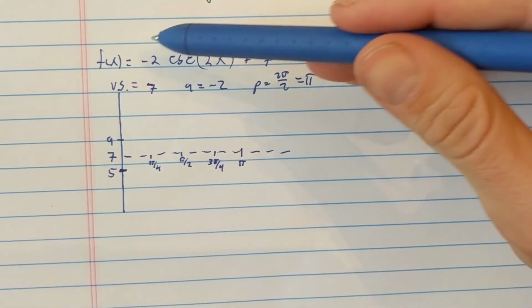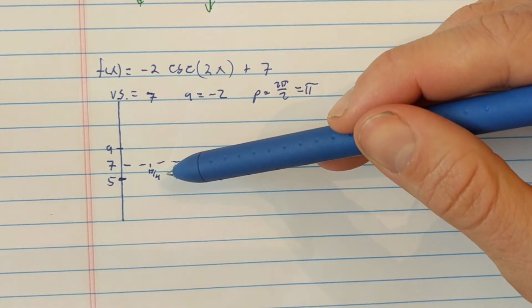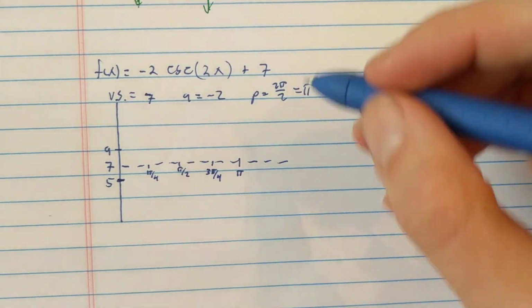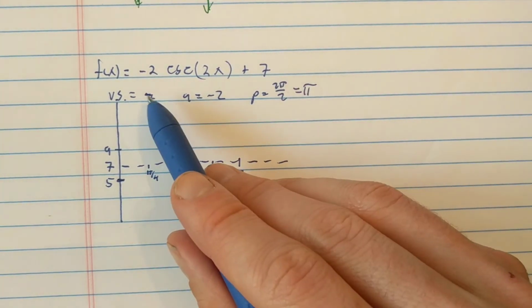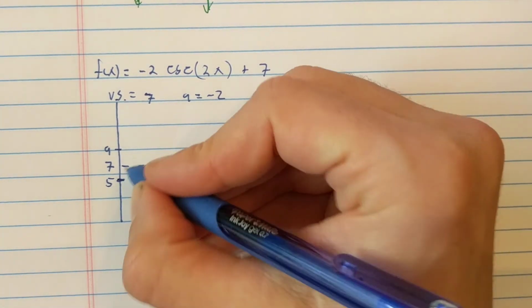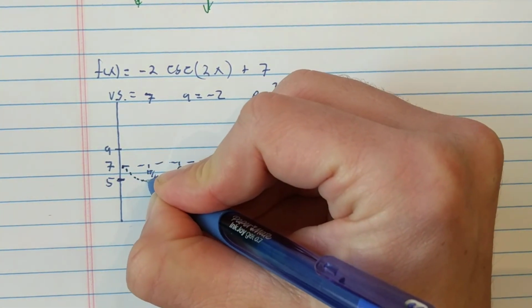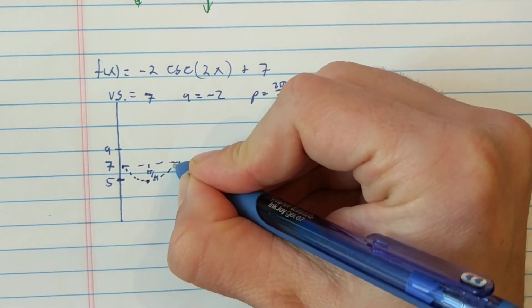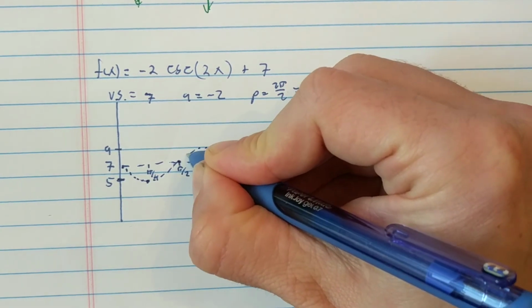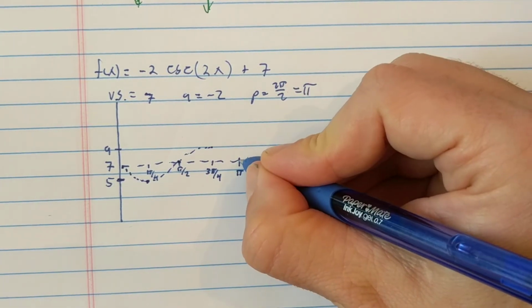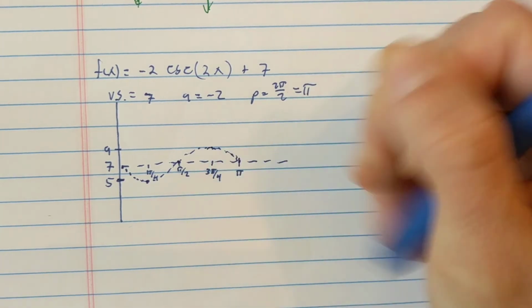So when we graph this, what we're going to do here is graph sine. Now this is a negative sine, so it starts in the middle but goes down. So it goes down to here, then it goes back to the middle, then it goes to the top, just like that, and then back to the center.